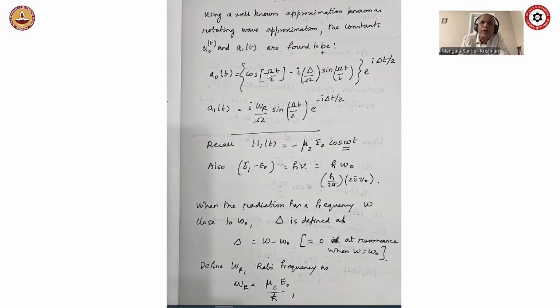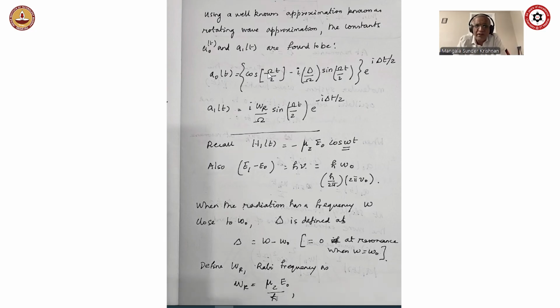That delta is what appears here. You see that delta here, and this delta here. And what is the Rabi frequency omega r? Omega r is related to our dipole strength: mu z and E naught, the electromagnetic field, divided by h bar. h bar is h by 2 pi.